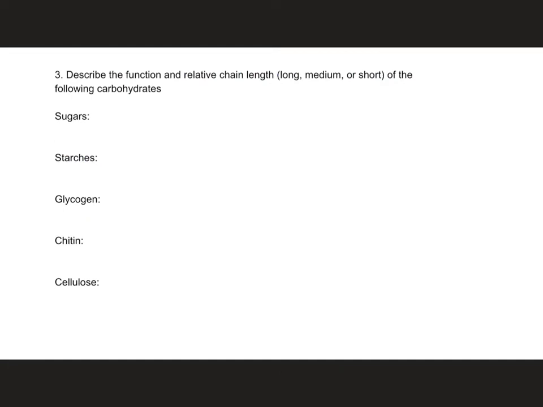Okay, types of carbohydrates. Sugars. Short chain, just one or two. Function, quick energy. This is the energy that you would burn off immediately when you're exercising. There's sugar in your blood, your blood sugar.